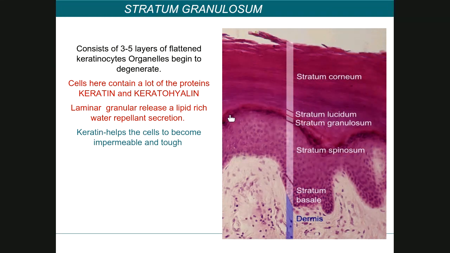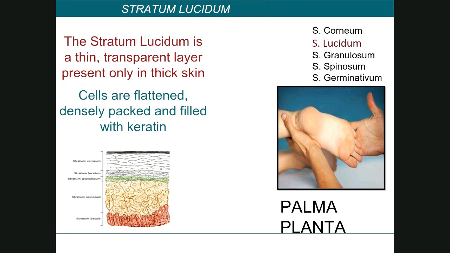It's about 3 layers, and they're flattened, and the keratinocytes are beginning to die off. And the organelles within it begin to degenerate, so they look granular. And this whole process secretes a lipid-rich water repellent secretion, which makes the skin more impermeable to water or other materials.